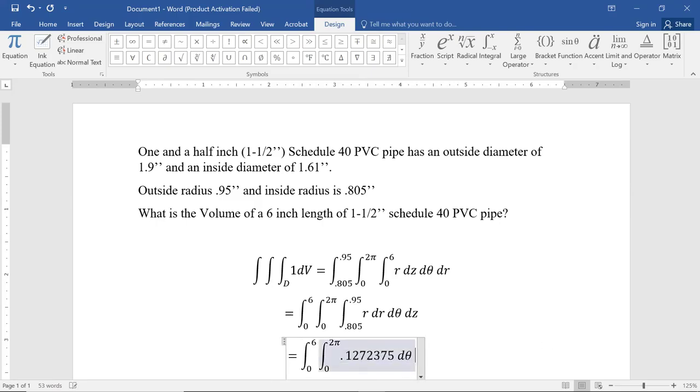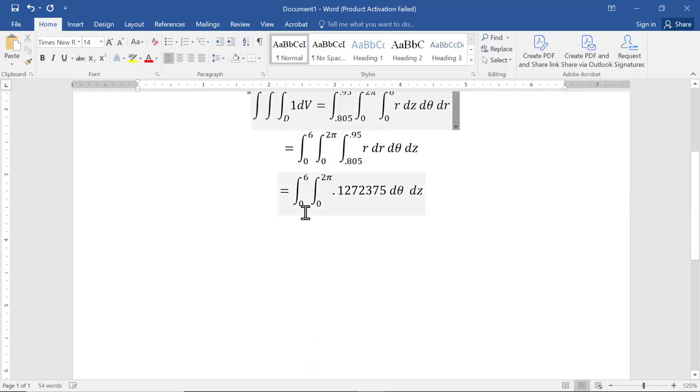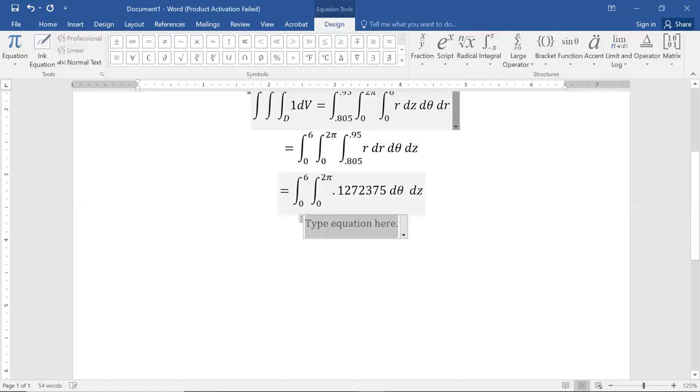I'm going to integrate that with respect to theta, and then integrate that with respect to z. If I integrate this with respect to theta, I'm just going to multiply by 2 pi. And then if I integrate with respect to z, I'm going to essentially multiply by 6.